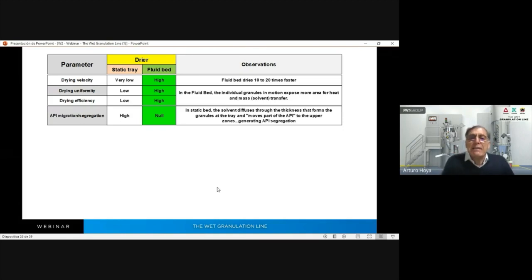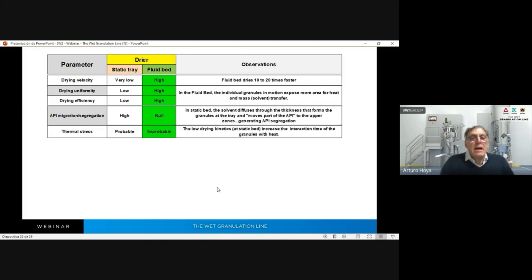Because in a static bed, the solvent diffuses through the thickness that forms the granules at the tray and moves part of the API, like a chromatography, let's suppose, to the upper zones, generating API segregation, more concentrated in the upper part than the lower part. This does not occur in the fluid bed.